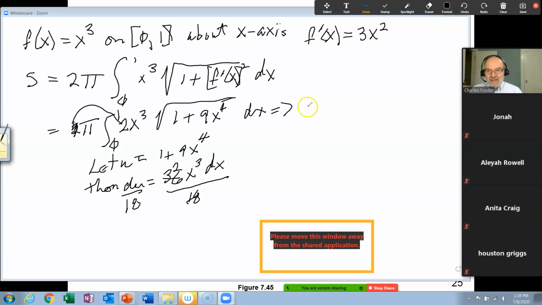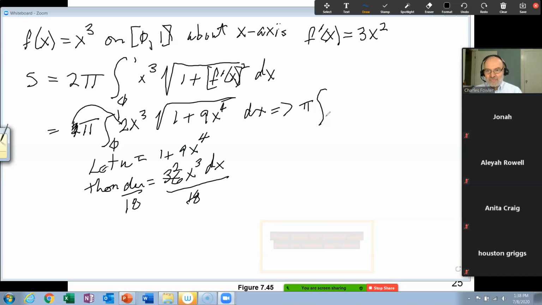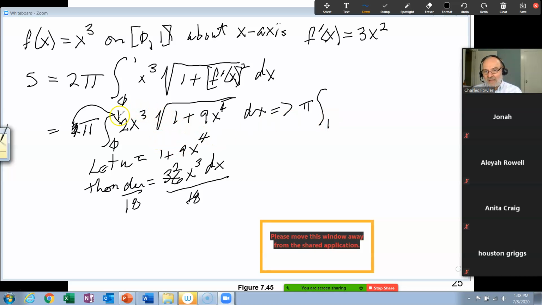So what this gives us is pi times the integral. Now we have to change our limits as well. When x was equal to 0 up here, u is equal to 1. When x is equal to 1 here, u is equal to 10. So here are the new limits for u, and only for u.